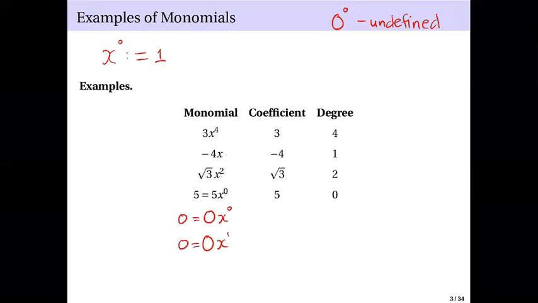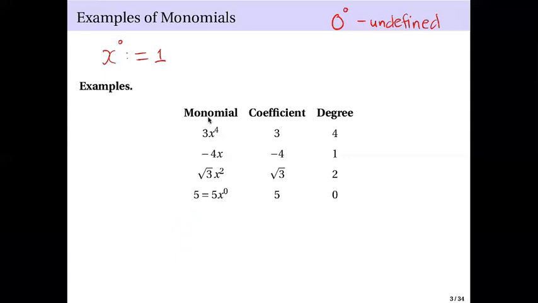This is also equal to 0 times x raised to power 2. So if you have the constant 0, we will say that this constant has no degree as a monomial. I will explain that further later.